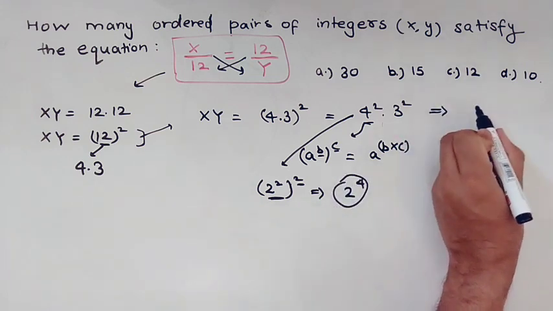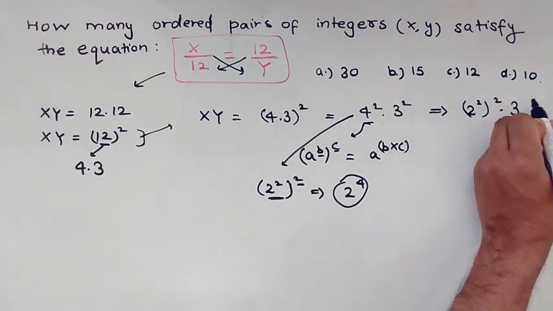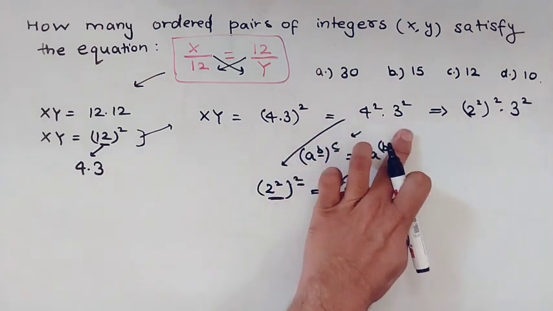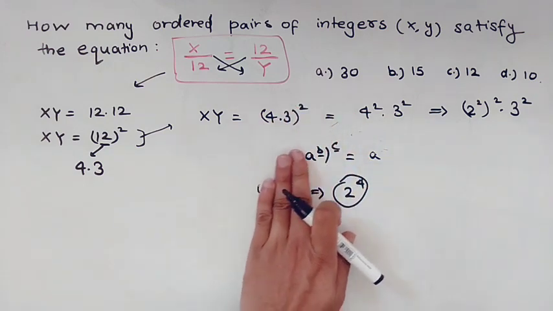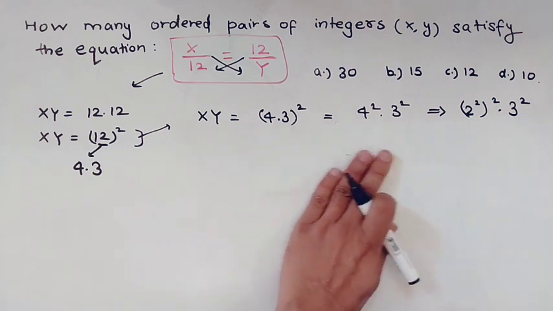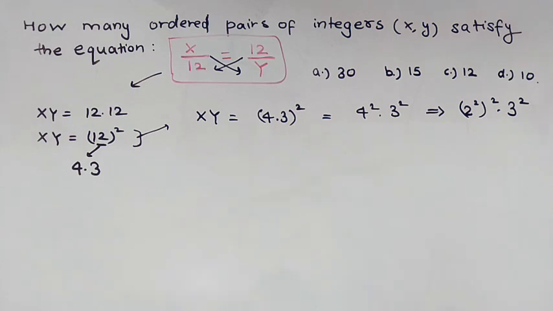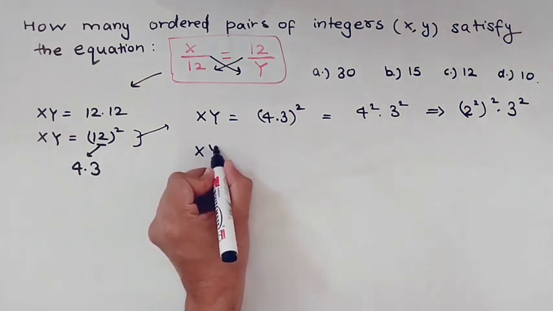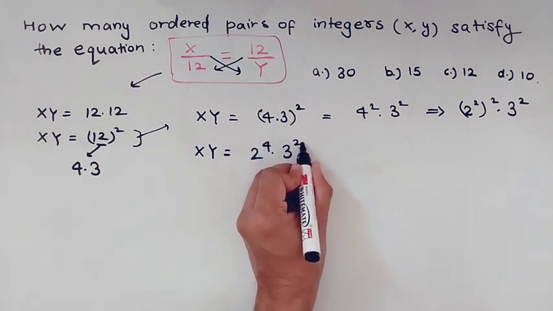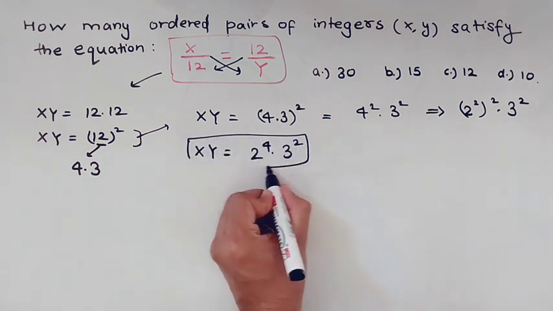So we have xy equals 2 raised to the power 4 into 3 raised to the power 2. So just leave it here.